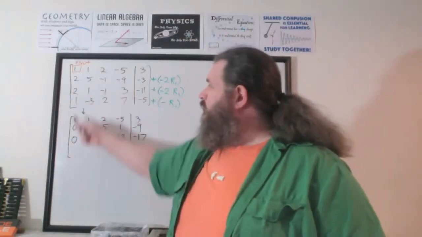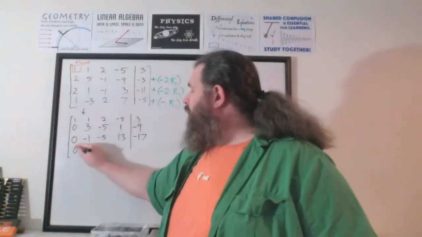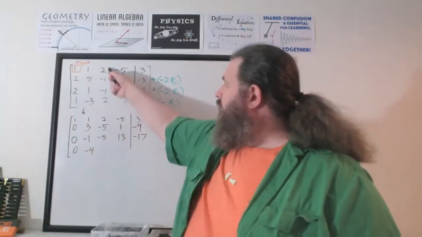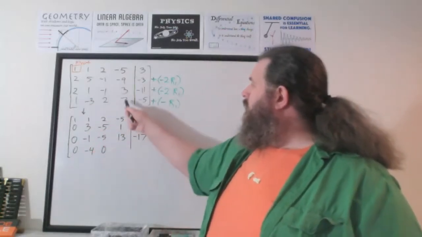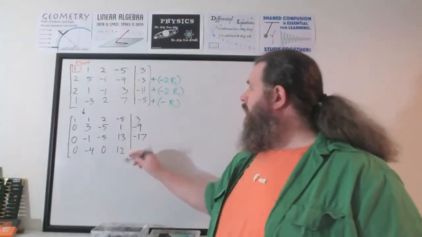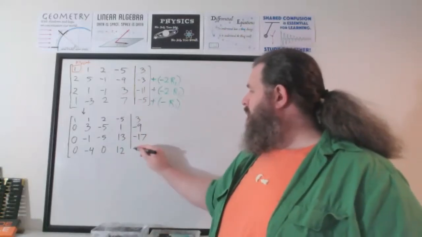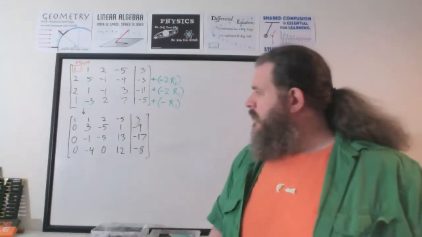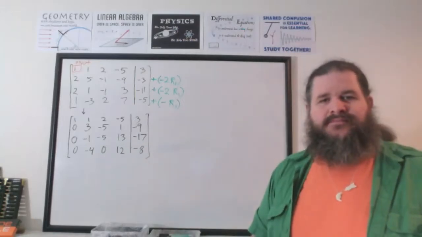So we're ultimately just subtracting 1 minus 1, -3 minus 1, 2 minus 2, 7 minus -5 becomes 7 plus 5, and -5 minus 3. So that's our modified matrix.